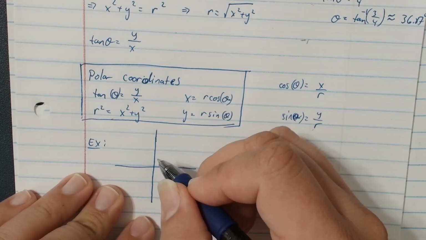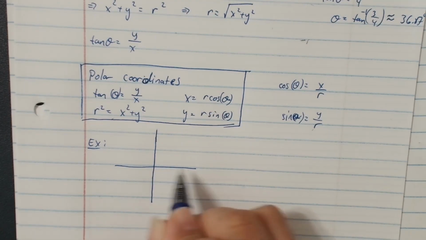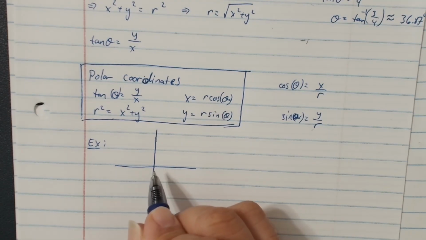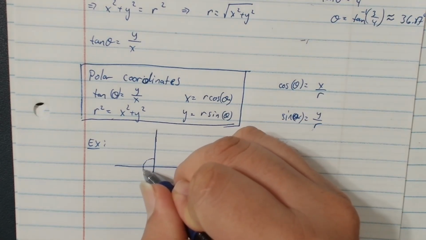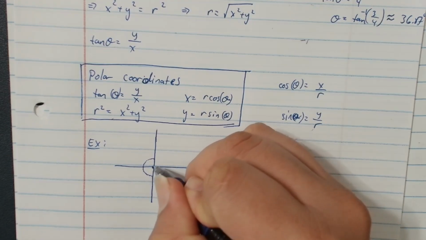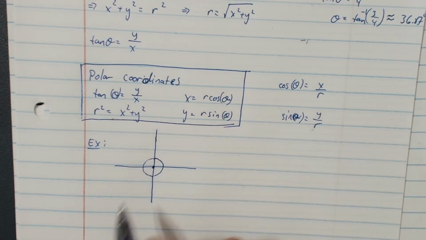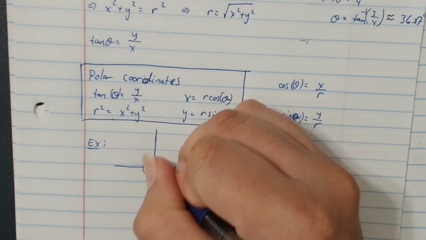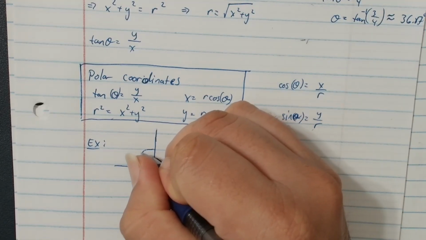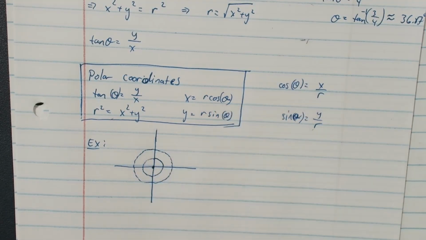Okay, well, what do you mean distances? Well, when I say I'm 1 unit away, I don't mean 1 unit to the left or to the right. What I mean is 1 unit in some direction. So here, if I say I'm 1 unit away from this middle point, I'm somewhere on this little circle of radius 1. If I say I'm 2 units away from this point in the middle, then I'm somewhere on this circle of radius 2.